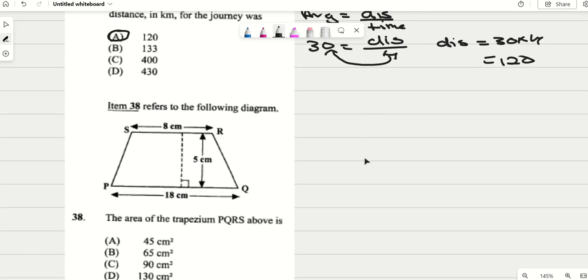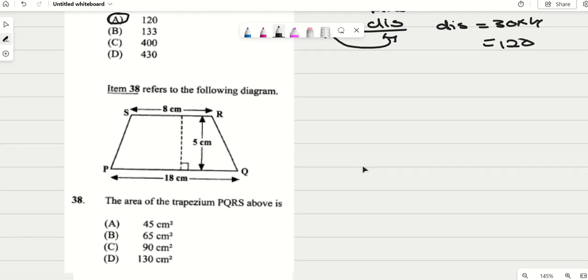This one, they ask you for the area of a trapezium. Guys, if you don't know, the formula is given in the formula sheet. The area of a trapezium is a half A plus B by H. A and B are your parallel sides, not perpendicular.